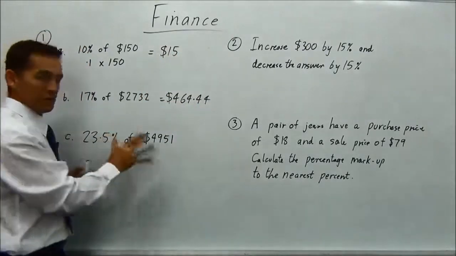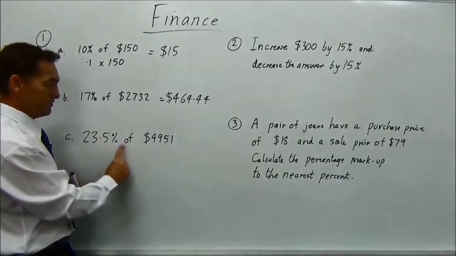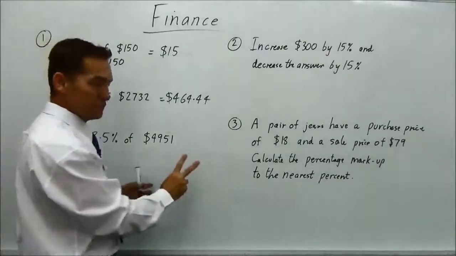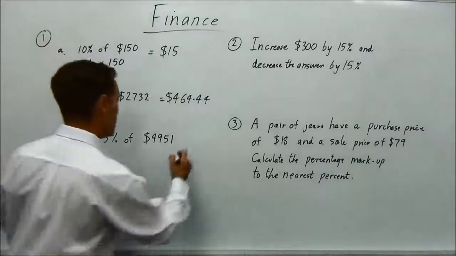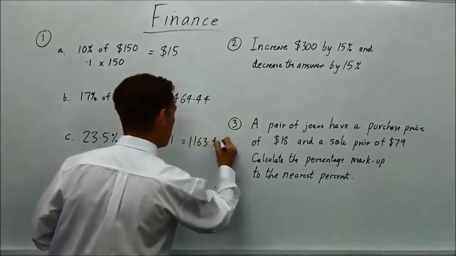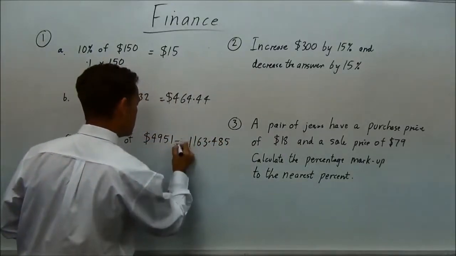Here's where we'll have a little bit of a trick. So if you multiply 23.5% of 4951, you won't just get two decimal places. You'll end up with 1163.485. Let's put a dollar sign in there.